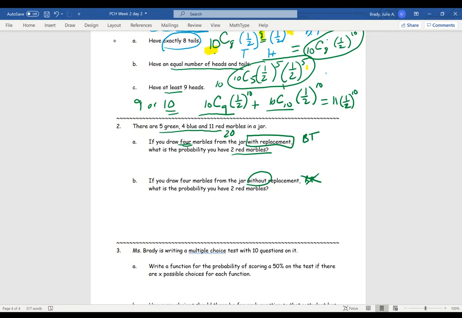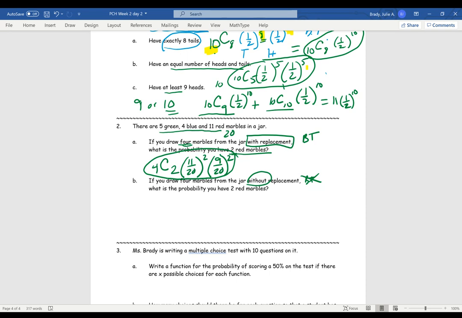Let's get our counter first. 4 choose 2, because out of my 4 marbles, my wins, doing air quotes, are 2 red marbles. The chance of getting a red is 11/20, and it has to happen twice. Not getting a red is 9/20, and that also has to happen twice.